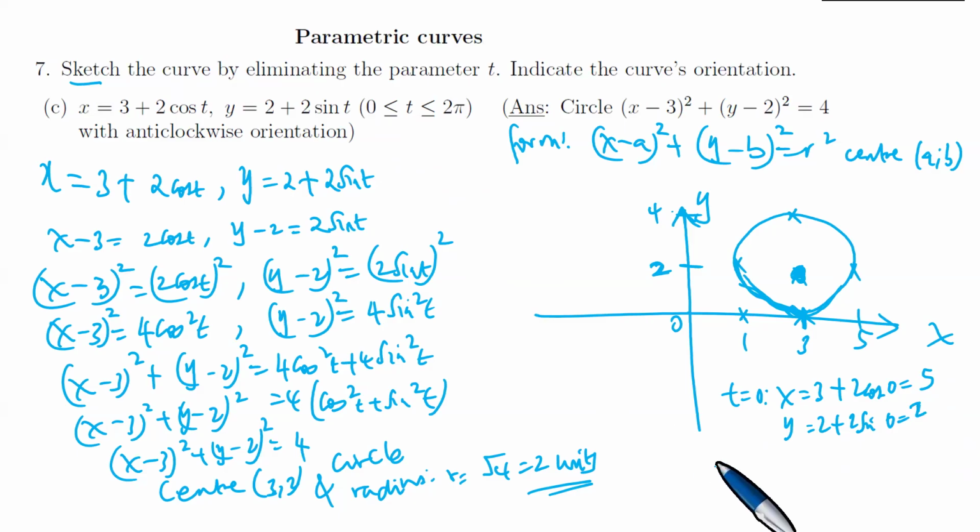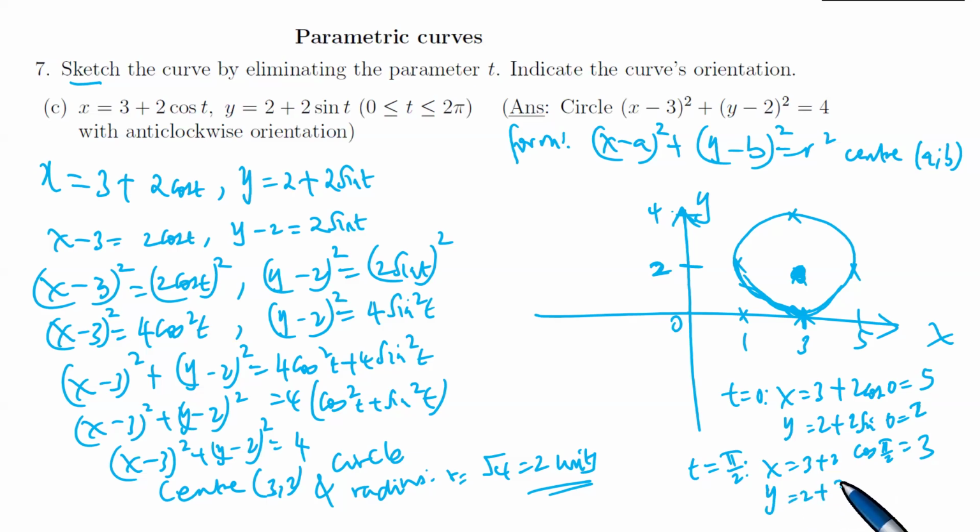Let us take some other next angle. Maybe we take pi over 2 radians. So you'd have that x is 3 plus 2 cosine pi over 2 radians, and cosine pi over 2 becomes a 0. And this gives us a 3.